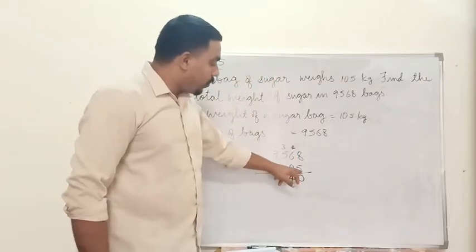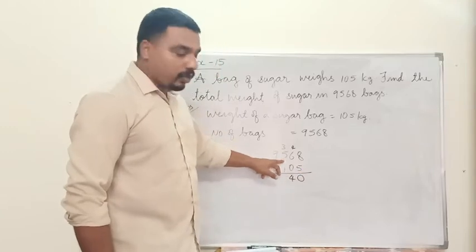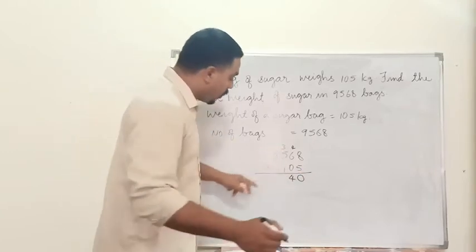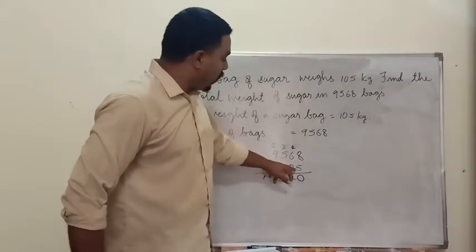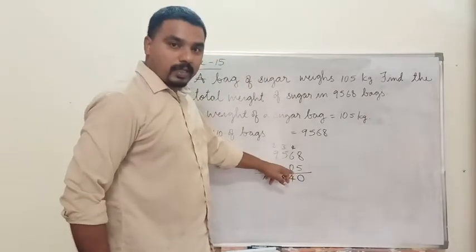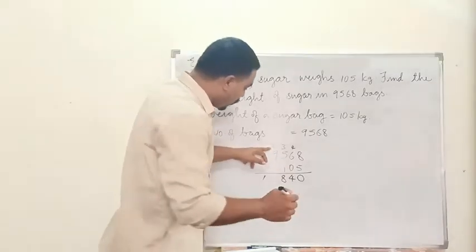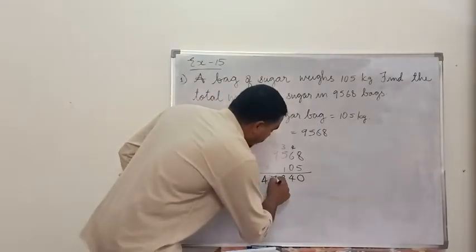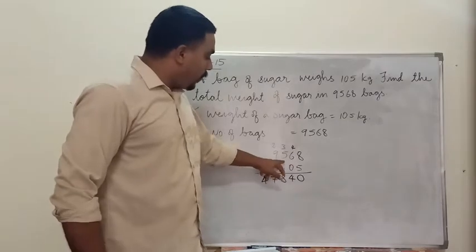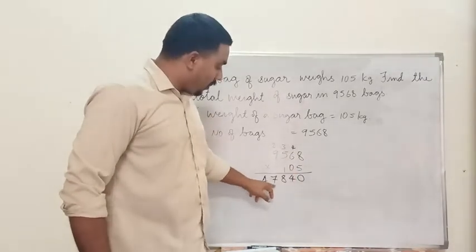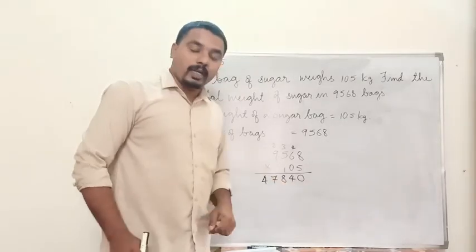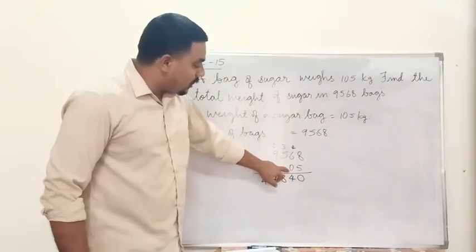Next we have to multiply 5 into 5. 25. 25 plus 3, 28. 2 we have to regroup. 9 into 5, 45. Right? 45 plus 2, 47. So when we multiplied 9,568 by 5, we have got 47,840.